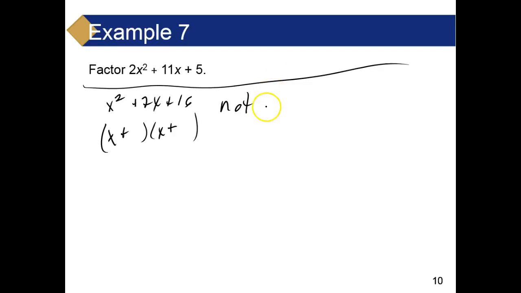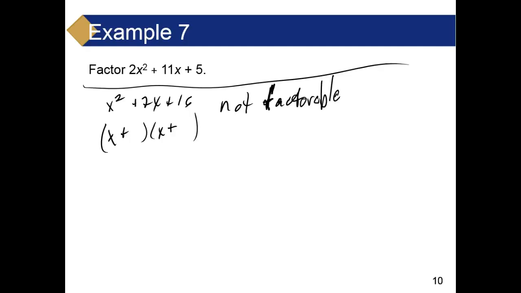Okay. And for some reason, my pen has decided to write three times. Now, I hate that this is an option here, because I've done this many years. You may see on a quiz or a test something to factor that can't be factored.